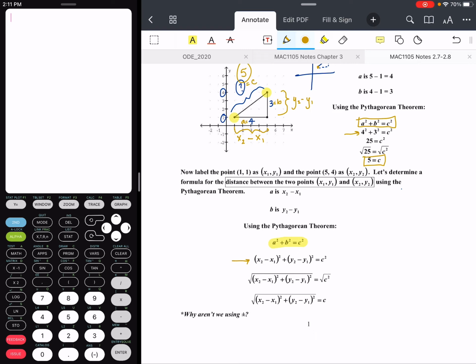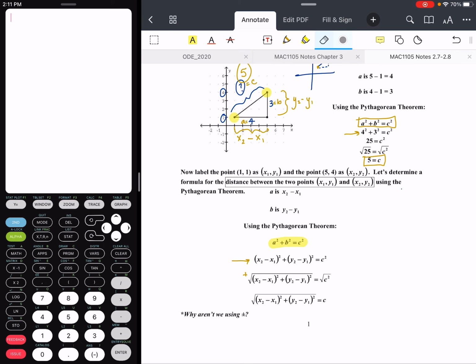Then if we're solving for c, we would take the square root of both sides. Now technically, because we're taking the square root, we would want to put plus or minus. We would have plus or minus, technically speaking. But because c represents a distance, we're not going to have a distance of -5 units, for example. So we can effectively erase that negative, so that's why we're keeping the positive.